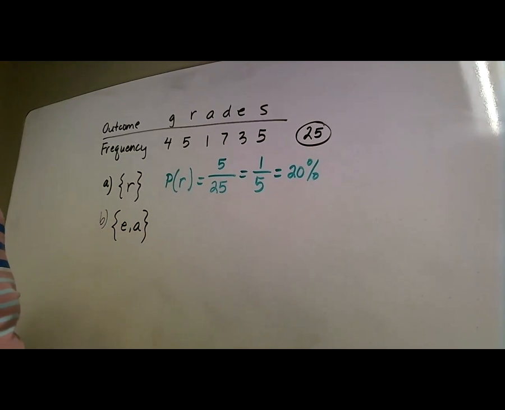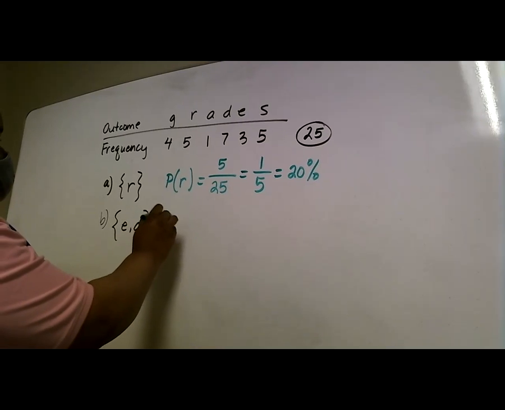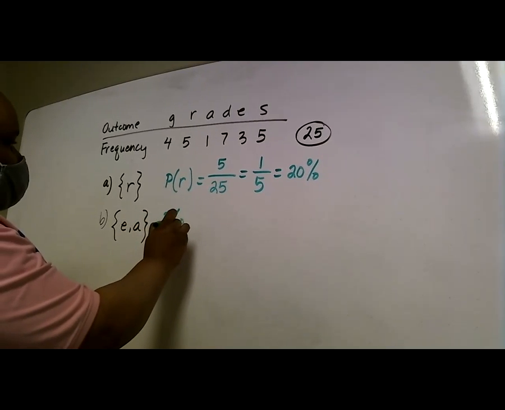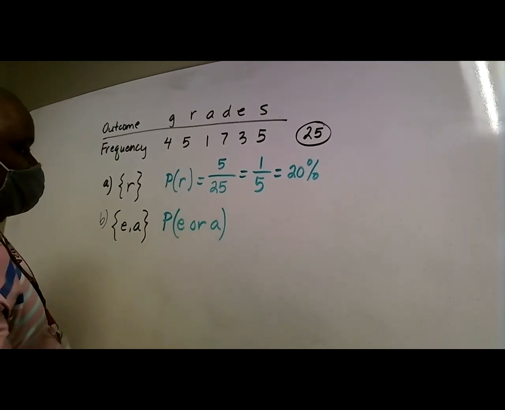So in this case here, it will be a 20% chance that this student would select an R out of the bag containing 6 letters. Now, for part B, we got E and A. What that means here is this: the probability of selecting an E or an A.